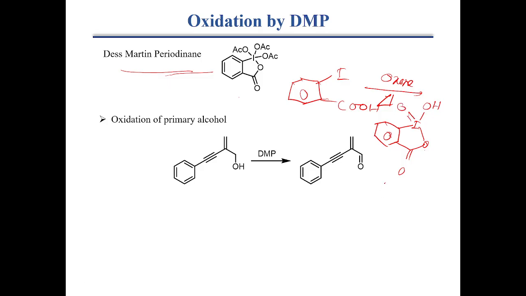Now, in the presence of acetic acid or acetic anhydride, it forms the Dess-Martin periodinane. This also oxidizes a primary alcohol to an aldehyde.